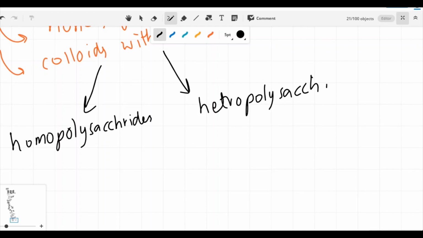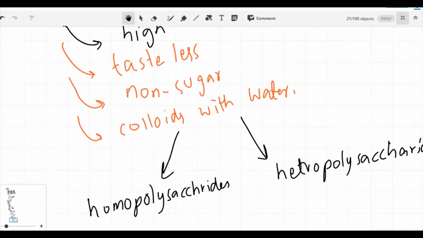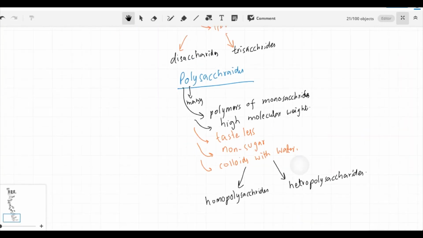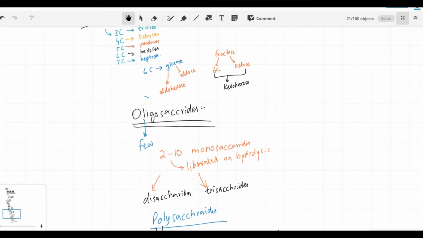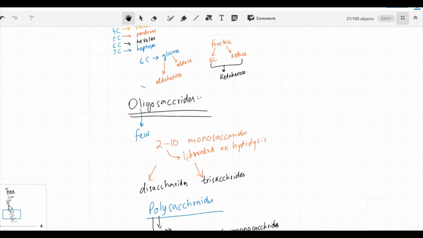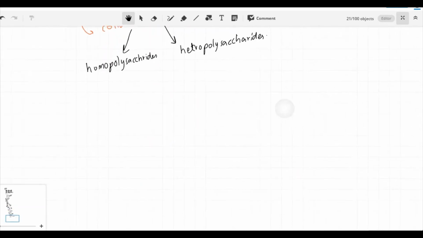So this is some basic information regarding the carbohydrate groups: monosaccharides, oligosaccharides and polysaccharides.